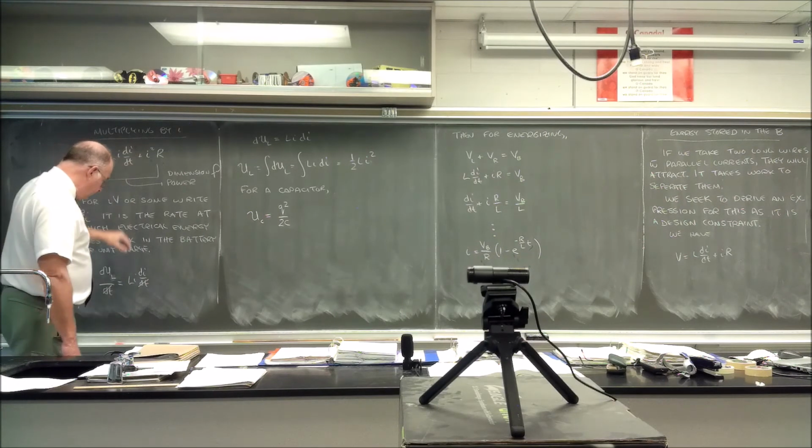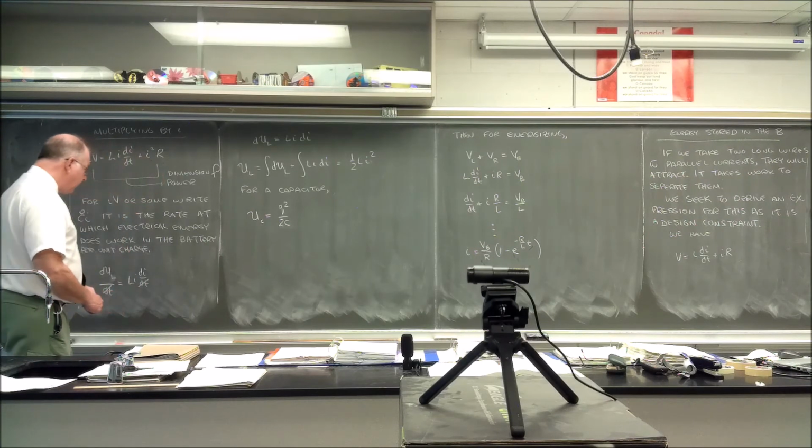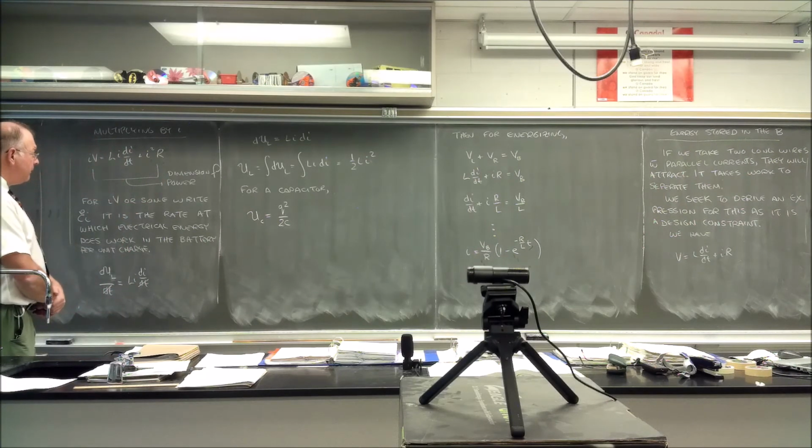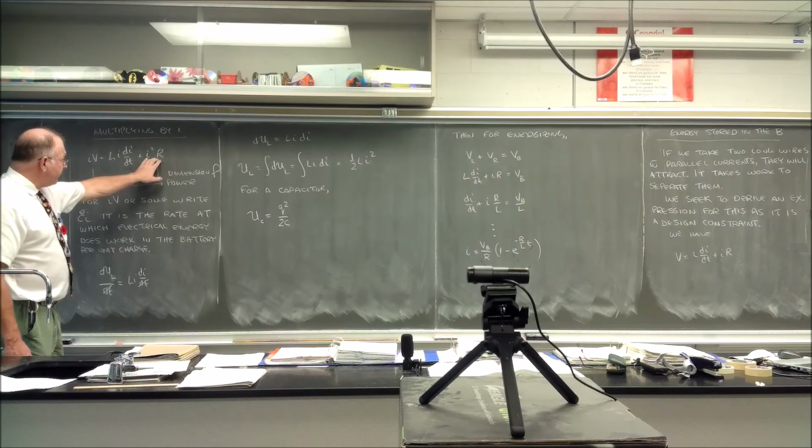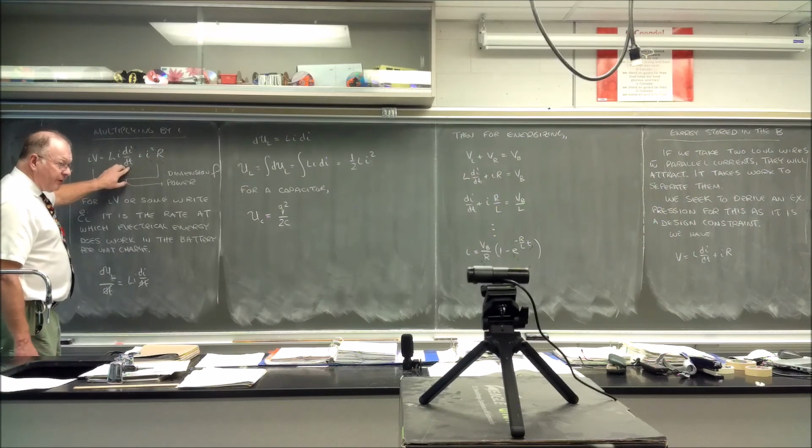So then how did the algebra work out to get dUL over dt? So what we're saying here is this is not an energy, this is a power, right? This is the power of the entire circuit. This is the power of the resistor. This is the power dissipation of the inductor.